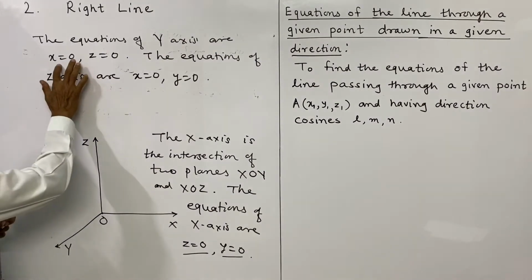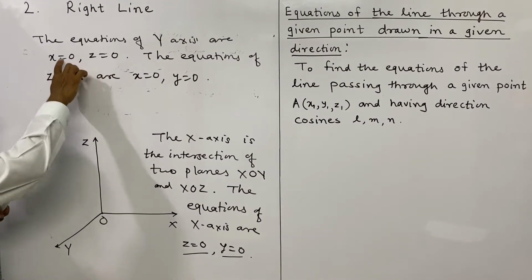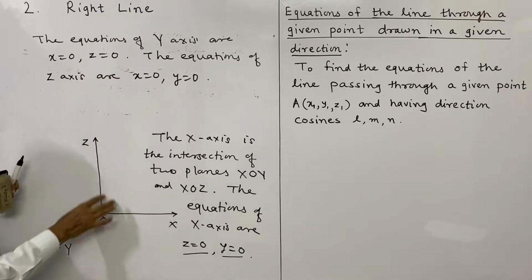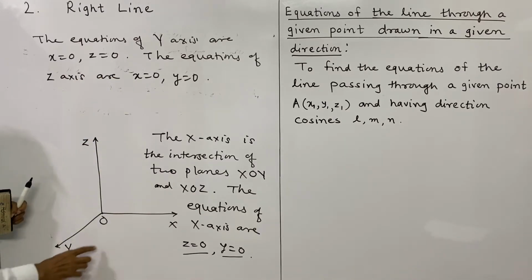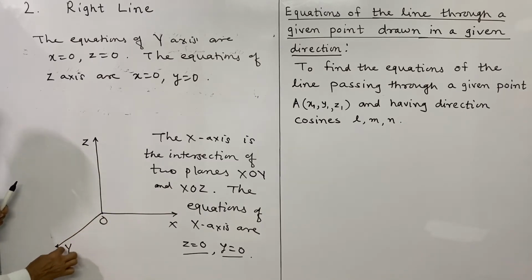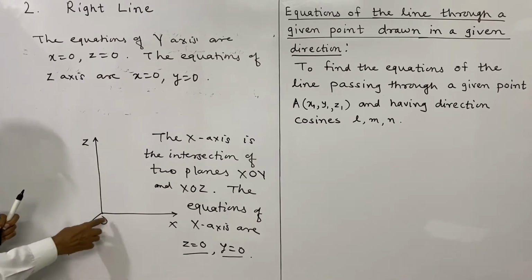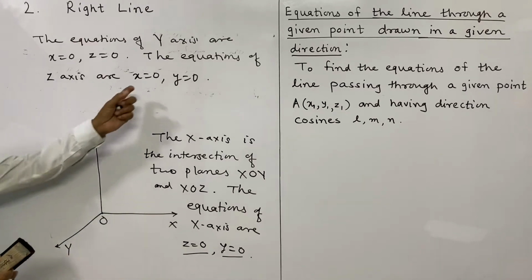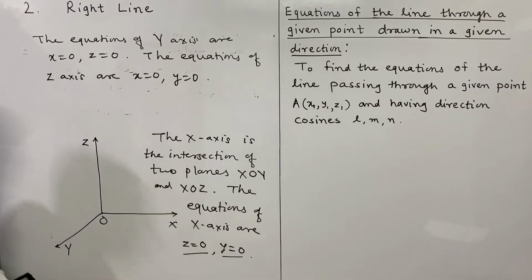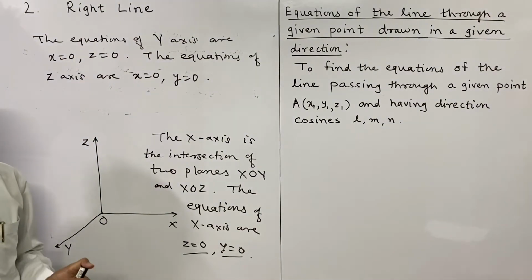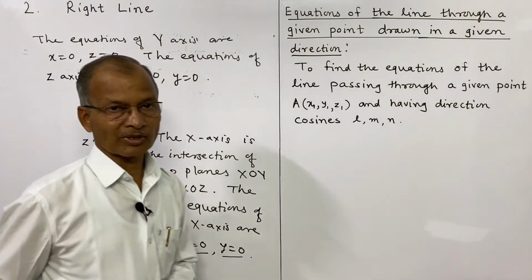Here also, x is equal to 0 is the plane YOZ, and z is equal to 0 is the plane XOY, and the intersection of these two planes is the y-axis. Similarly, the equations of z-axis are x is equal to 0 and y is equal to 0. So basically a line is the intersection of two planes, and therefore the two planes together represent a line.